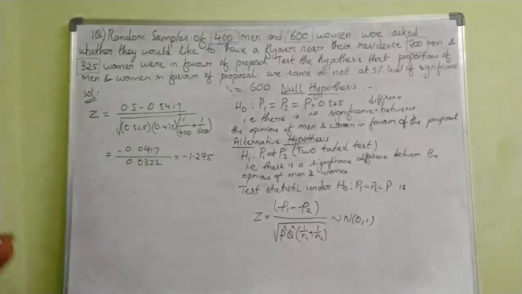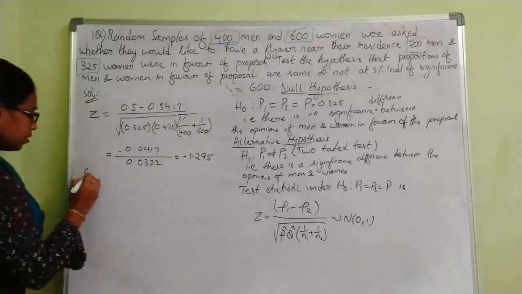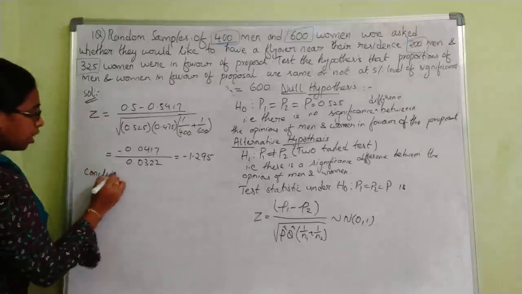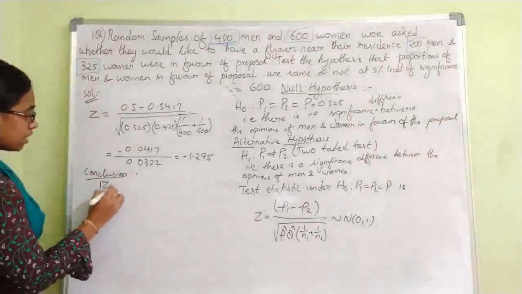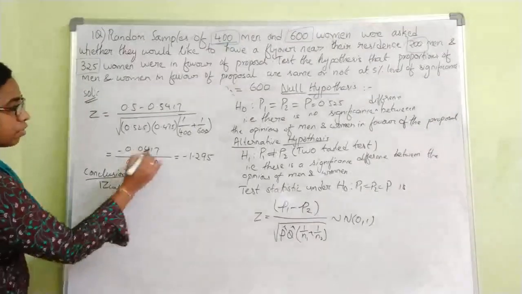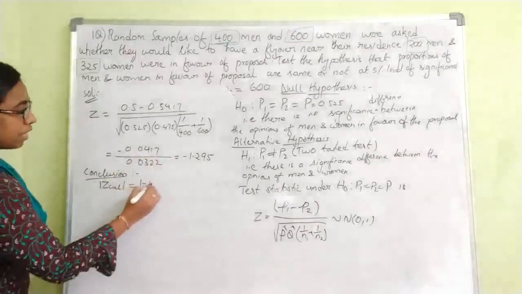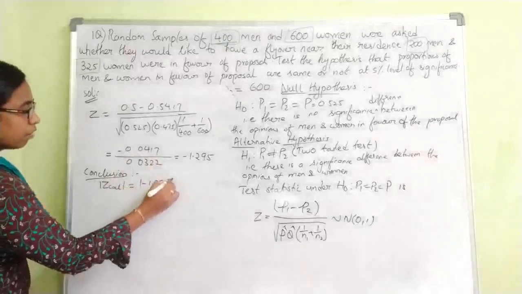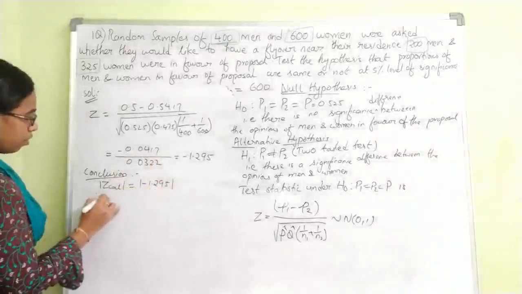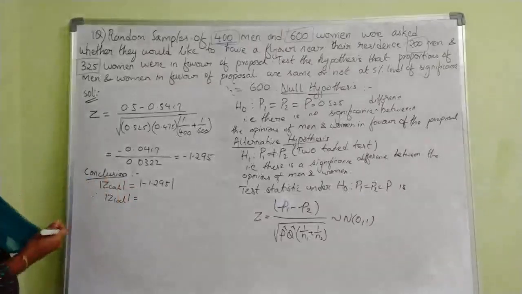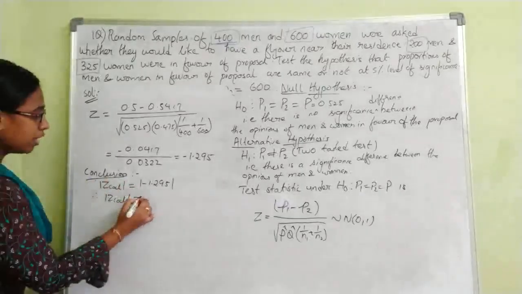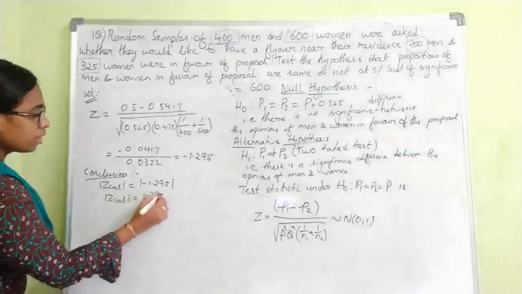Now conclusions and comparisons. So conclusion, first we are going to write mod Z calculated, which is equal to mod of minus 1.295. So the modulus of minus 1.295 is plus 1.295.